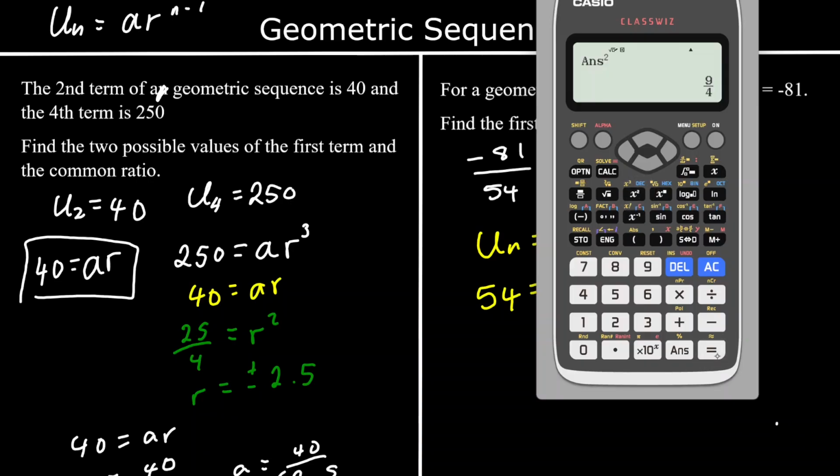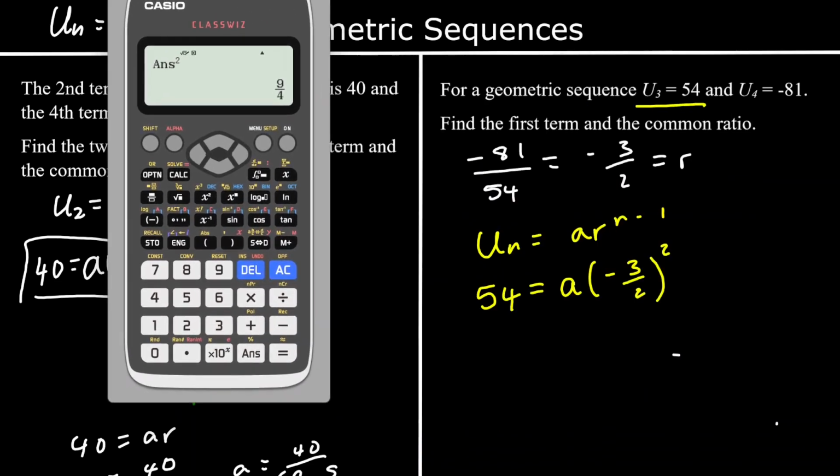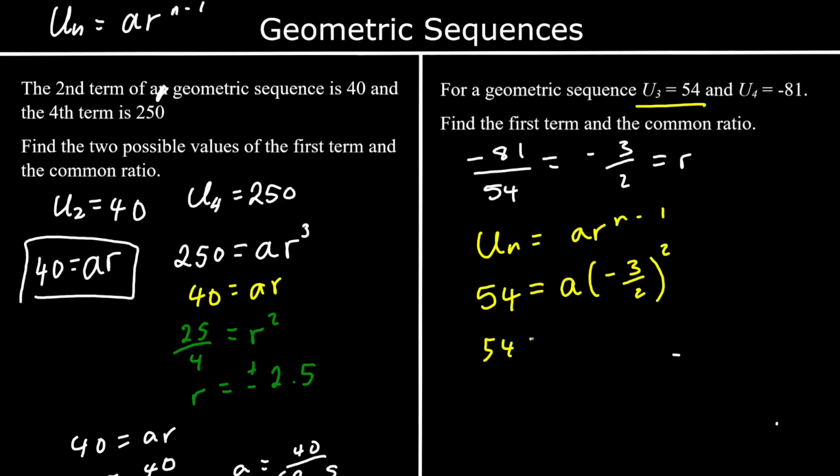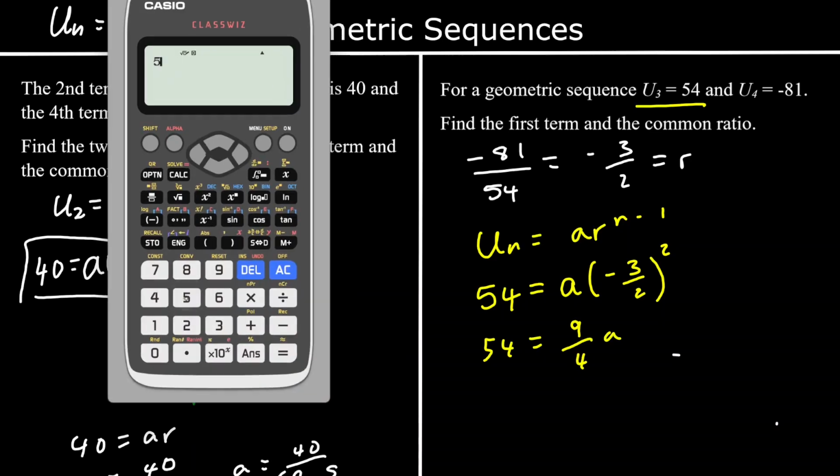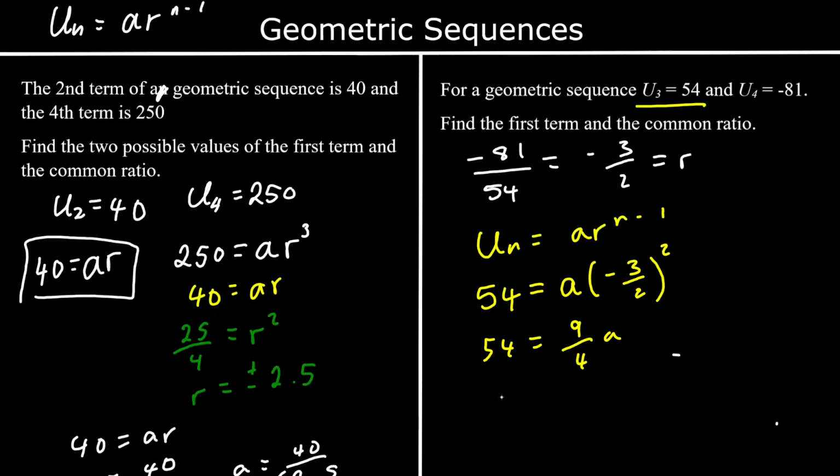So we're squaring it. So 54 is 9 over 4 times a. So 54 divided by 9 over 4 is 24. So a is 24. So we've got r is negative 3 over 2 and a is 24.